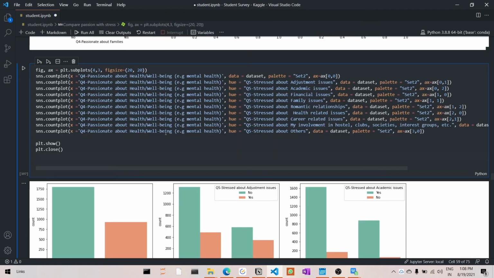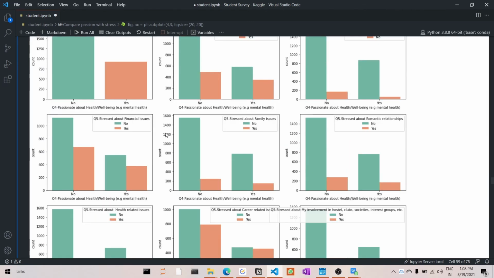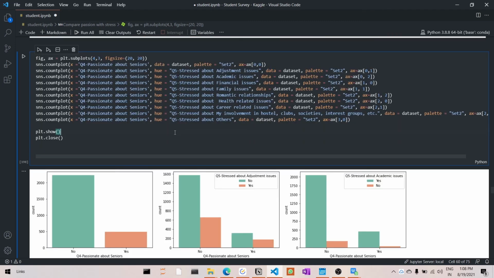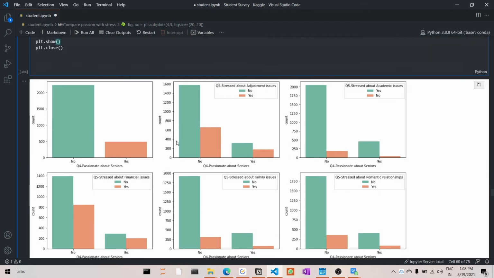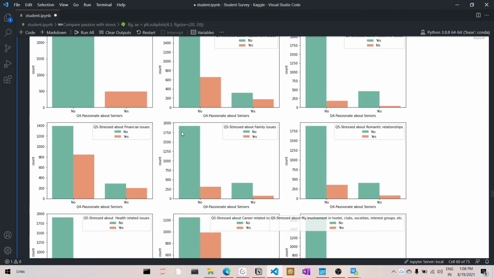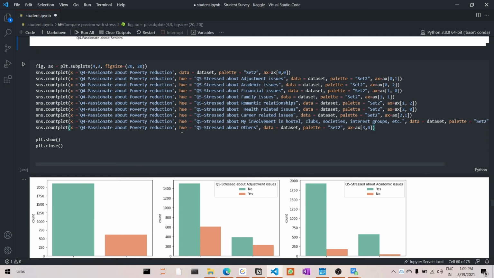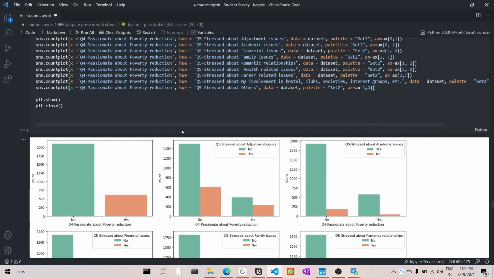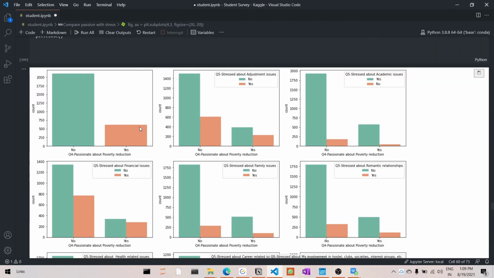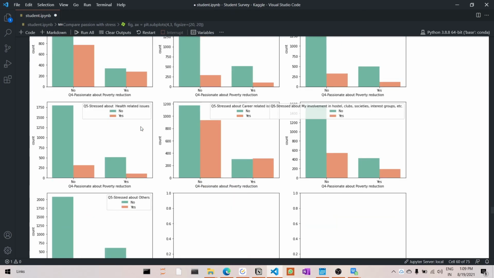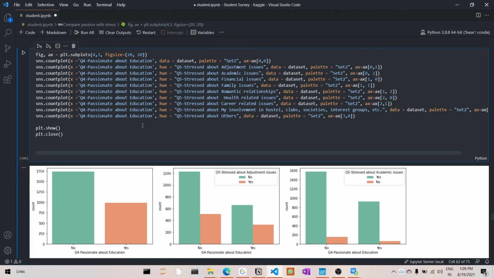Then passionate about health, well-being and various stress count. Similarly, passionate about seniors and the various stress. Then passionate about poverty reduction, and you can see the count. Then you can see the passionate about education.